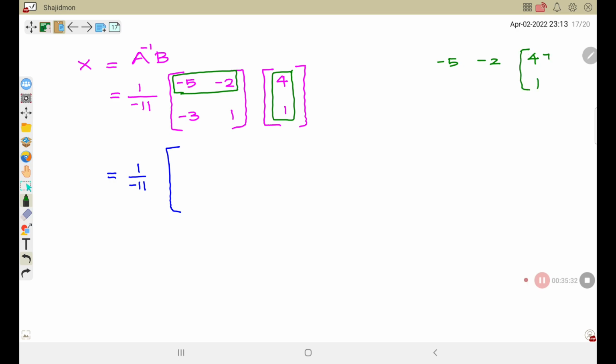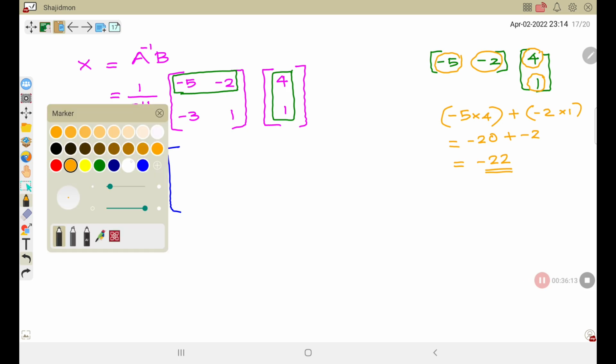The first number multiply with the first number, minus 5 multiply 4, plus the second number multiply with the second number, minus 2 multiply 1. You can check what number is coming. So first row multiply with the first column: minus 20 plus minus 2, that is minus 22.